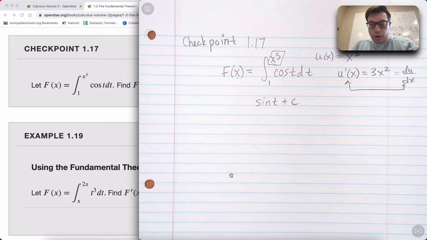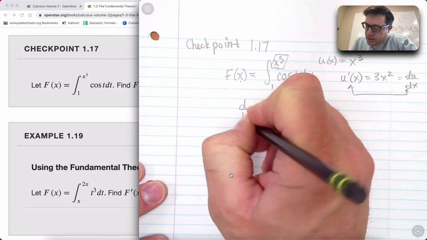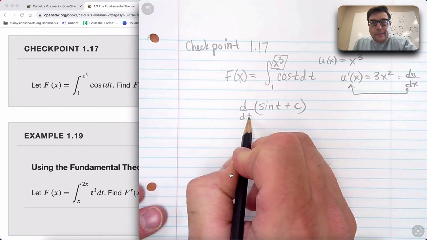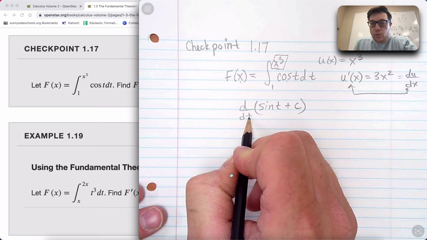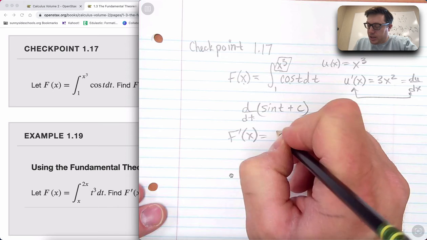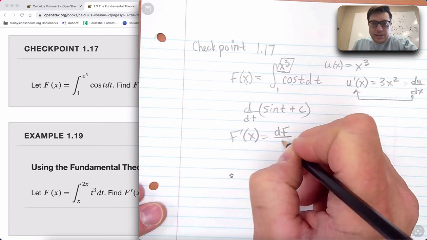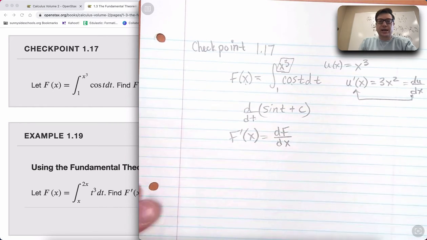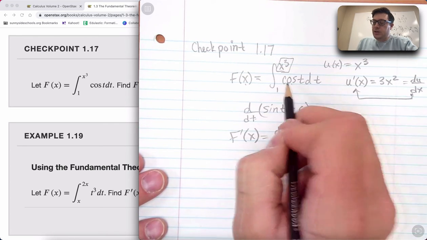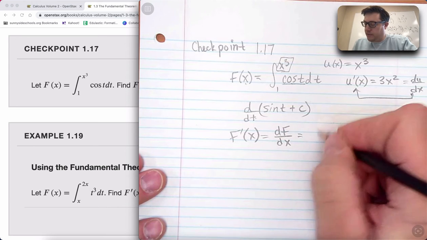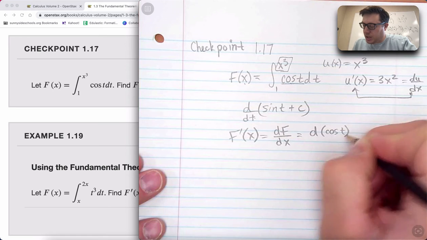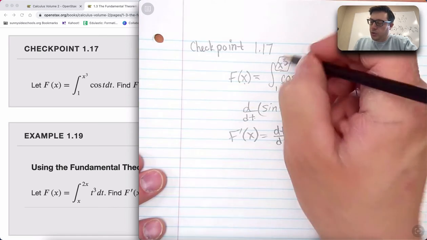Coming backwards, taking the derivative of this thing, all's well and good if we're doing things with respect to t. But we're not. We want f prime of x, which means we want the derivative of the antiderivative with respect to x. So in order for us to solve that, it's going to be this integrand, cosine of t, with respect to, I'm going to put a u up here.